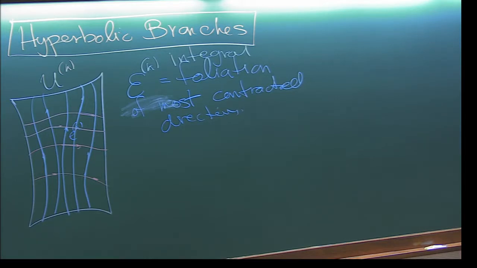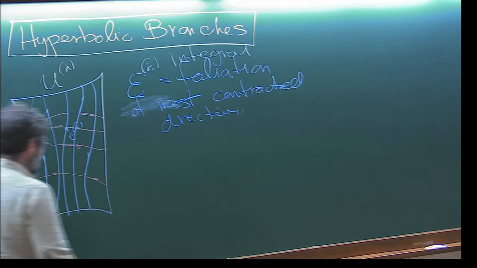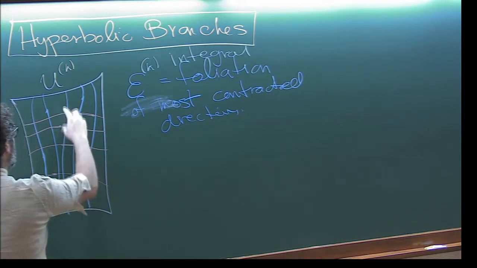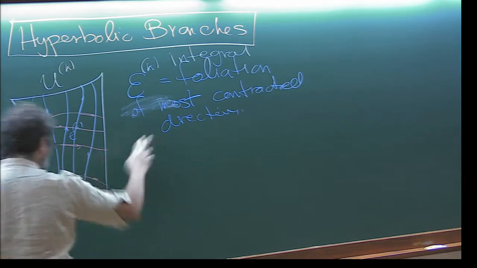This is a very interesting foliation because it is really the integral curves of the most contracted directions. So when you iterate this map, they contract, because they are defined precisely by the fact that their tangent directions are contracted.